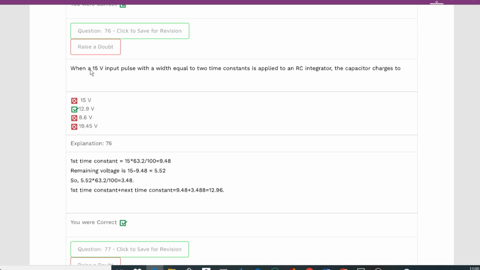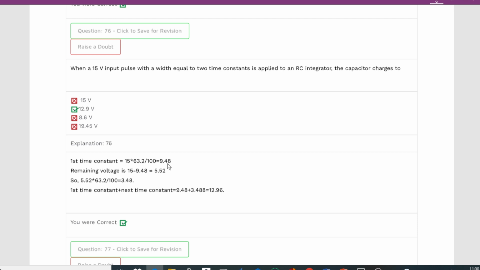So when a 15 volt input pulse with width equal to 2 time constants is applied to an RC integrator, the capacitor charges to. In the first time constant, 15 into 63.2 percent upon 100 we get 9.48. So in an RC integrator, for the first time constant we have to multiply with 63.2 percent.